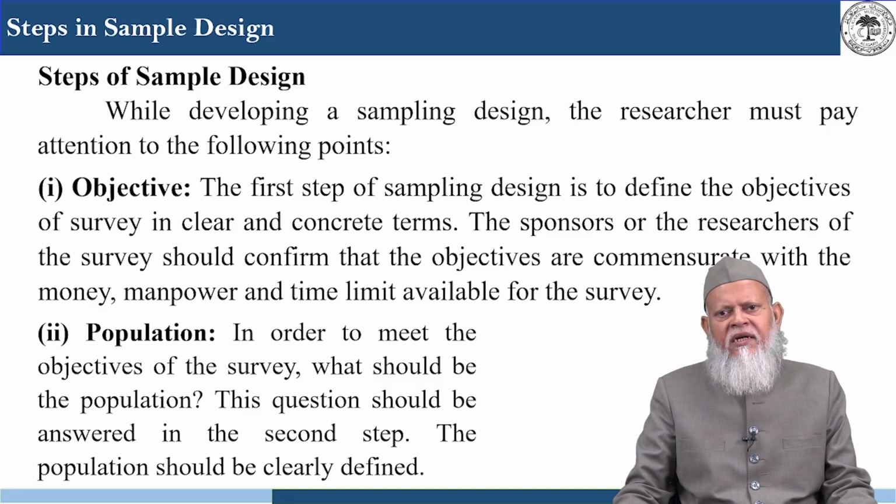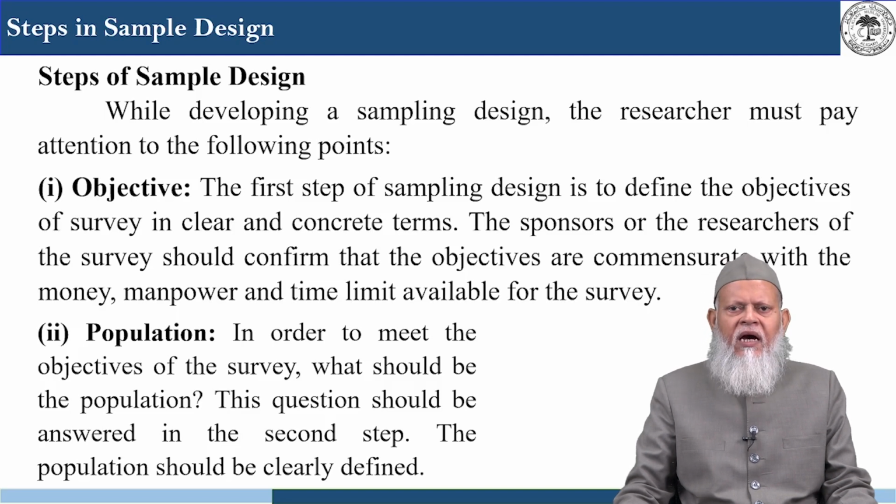Whereas if we have to study the satisfaction level of students with teaching in the class, in a department, then all the students of the department have to be considered and defined as the population. So the problem is the same, but since the objective is different, we have to define the population differently.